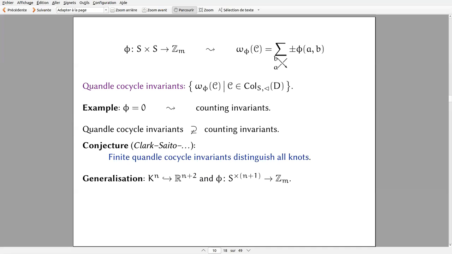One more good thing about this is that all these coloring ideas can be generalized to n-dimensional knots, which are knotted in the space of dimension n+2.